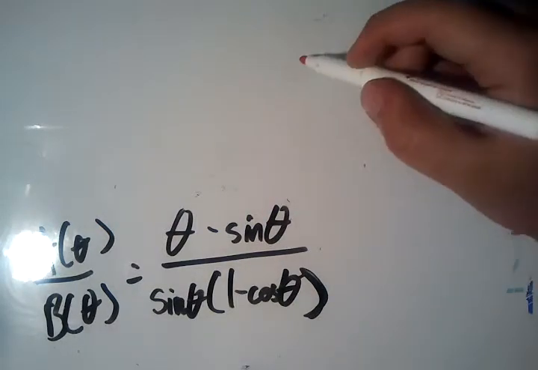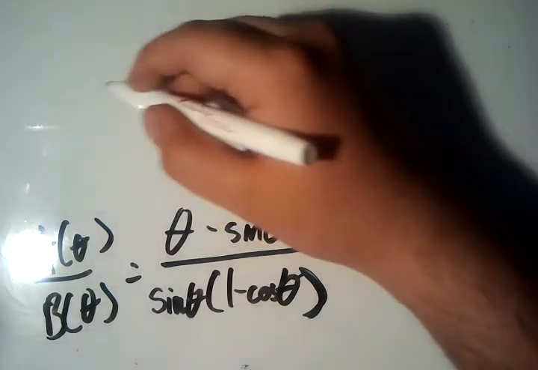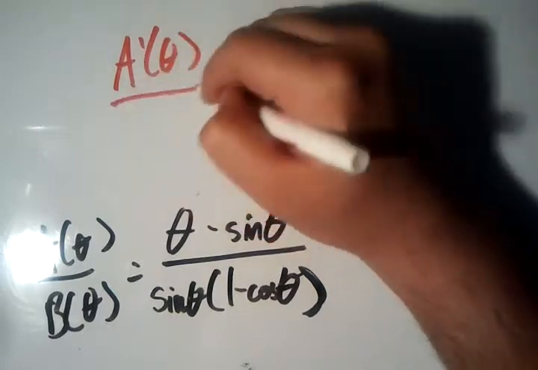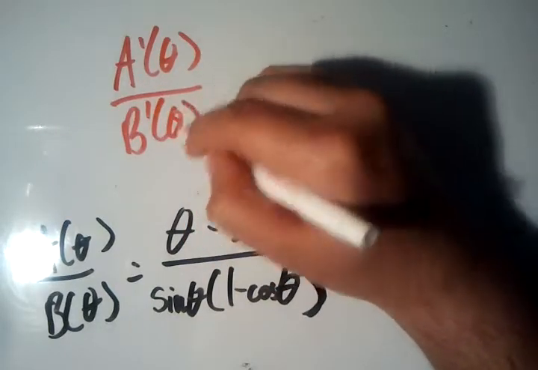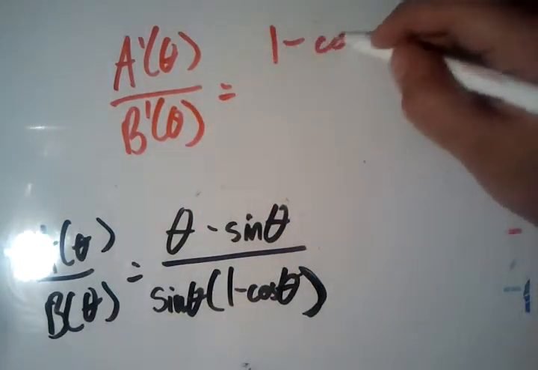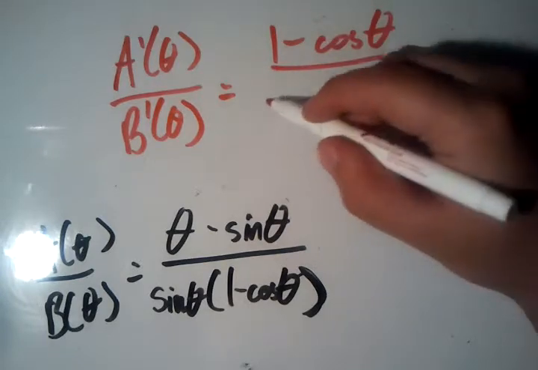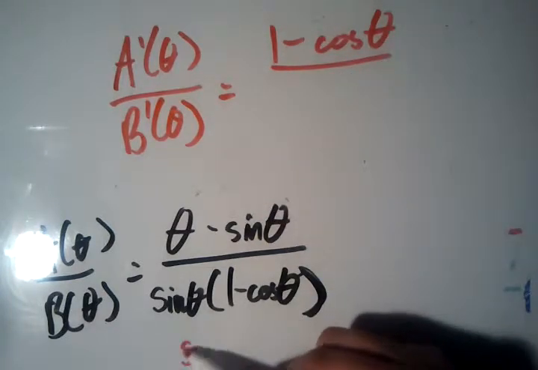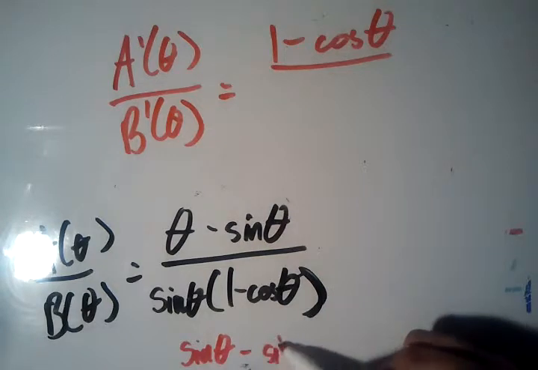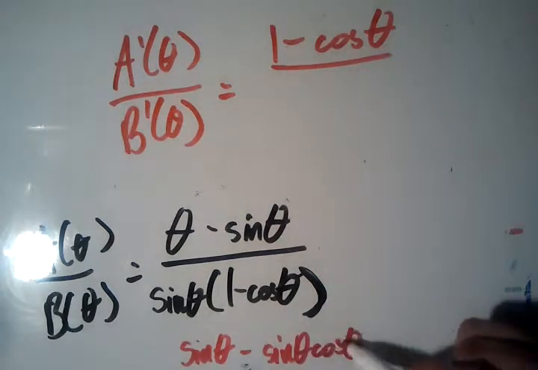So we're going to take A prime theta over B prime theta. And that's going to give us 1 minus cosine of theta all over, I'm going to split this up, sine theta minus sine theta cosine theta.